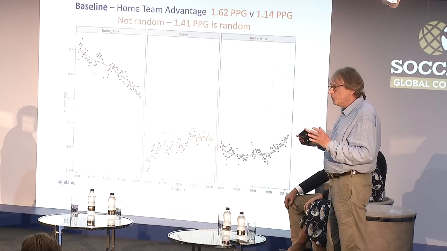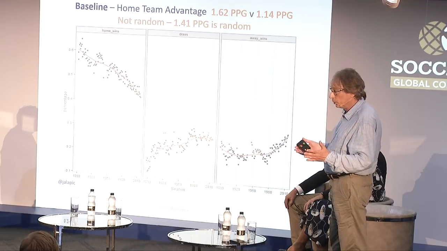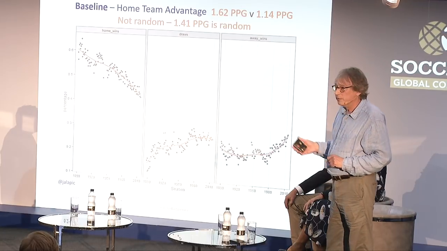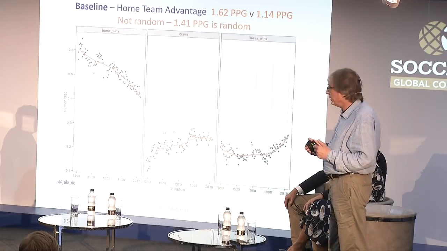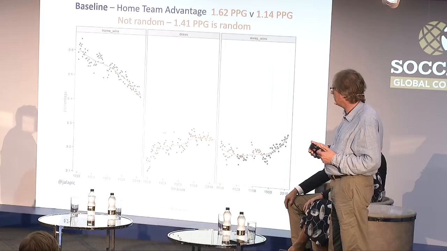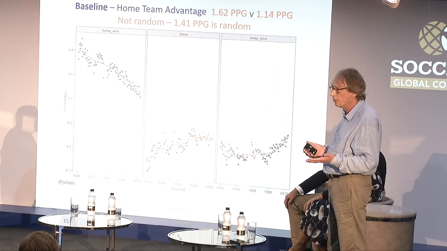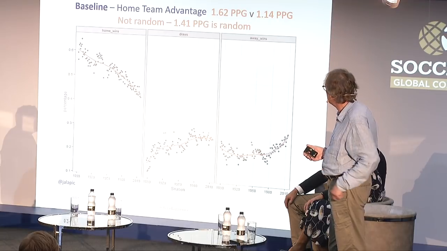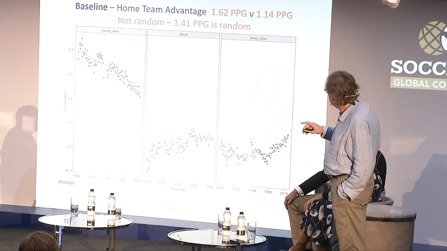Now, I use as a baseline for my calculations, which you're about to see, the home advantage. We all know what a home advantage is. We know that calculations on match odds, for instance, start from the home advantage. This is a study done by James Curley, who's at Columbia University.